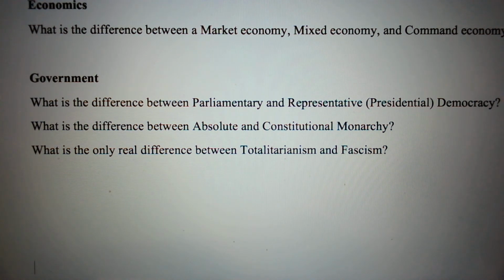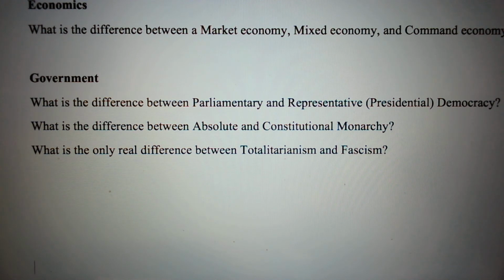Other people, when they mean mixed, they just mean socialism. And socialism is just another name for communism. It's just a different name, same result. Okay, so it depends on what you're talking about. Normally on tests, mixed means a mix between market and command. They're not talking about socialism, but when they are talking about socialism, socialism and communism are basically the same thing.